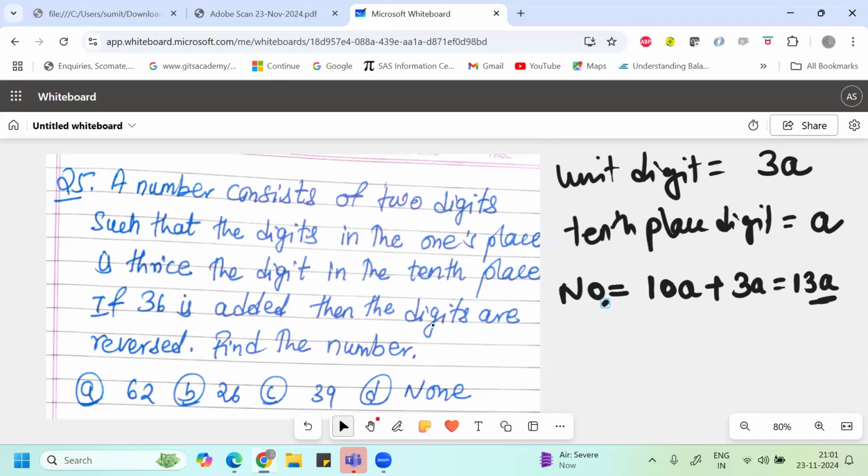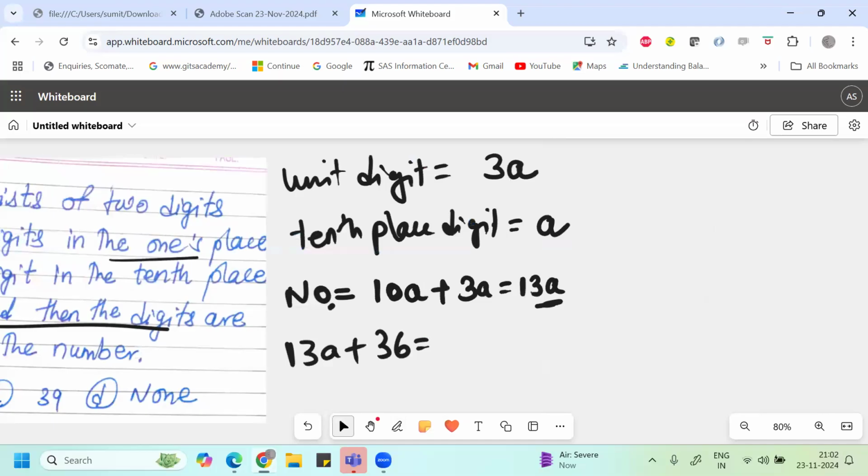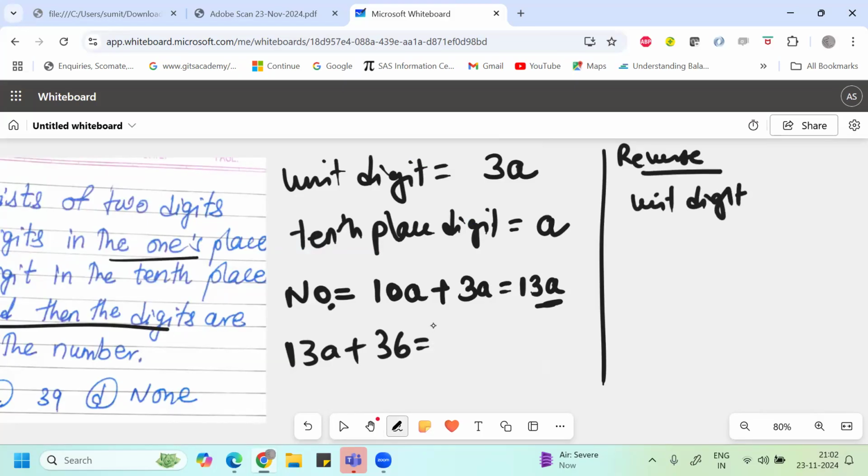And the next condition is: the digit in unit place is thrice the digit in tenth place, and 36 is added if the digits are reversed. So if you add 36 to this, then your digits get reversed. If your digits get reversed, then your unit digit will become A and your tenth place digit will become 3A.